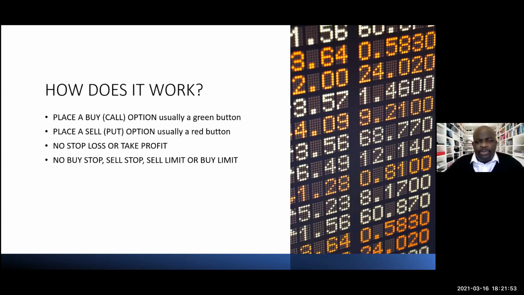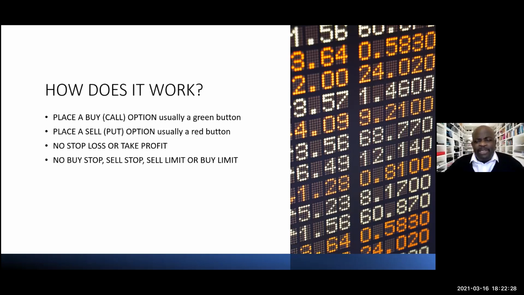There is no stop loss, no take profit, no pending orders, no buy stop, sell stop, limit, none of that. If you predict a price for a buy, when the price is above that line, even by a micro pip, you still won that trade. So that's what makes it very attractive.